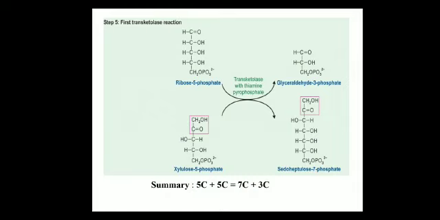Okay, 5 plus 5. Ribose 5 phosphate is 5 carbon. Xylulose 5 phosphate is 5 carbon. With the help of the transketolase enzyme, which requires pyrophosphate as coenzyme, glyceraldehyde 3 phosphate and sedoheptulose 7 phosphate are generated.